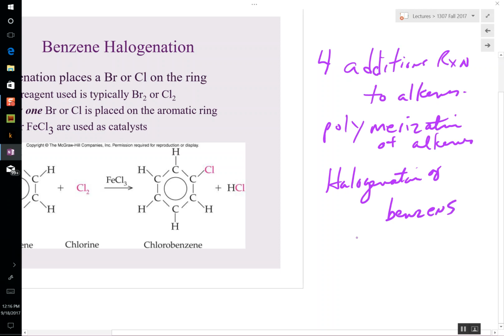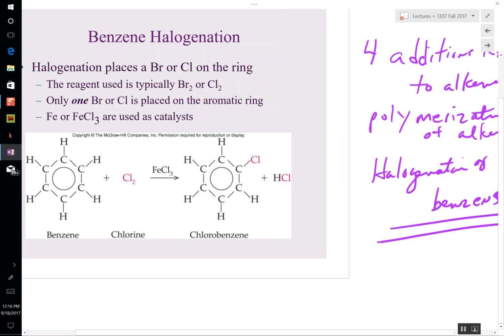All right, those are your reactions that I would hold you accountable for in chapter 11. You should understand how these proceed. Now look at this, it is kind of going a little bit more like halogenating an alkane. It's substitution. One chlorine goes here, the hydrogen comes off. You only get one chlorine on the product.